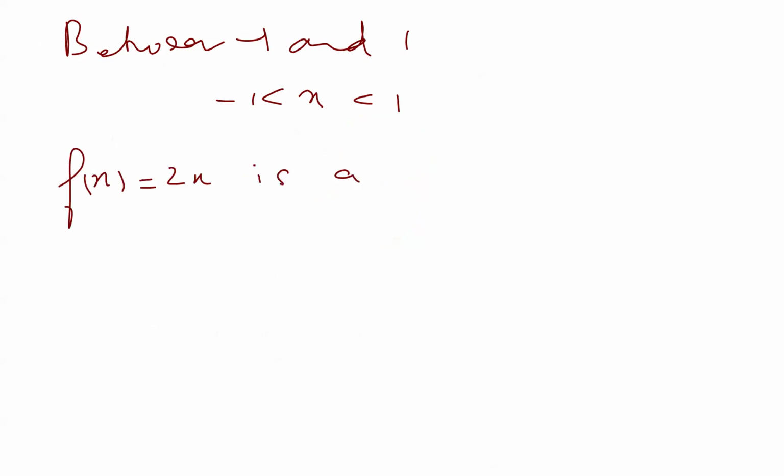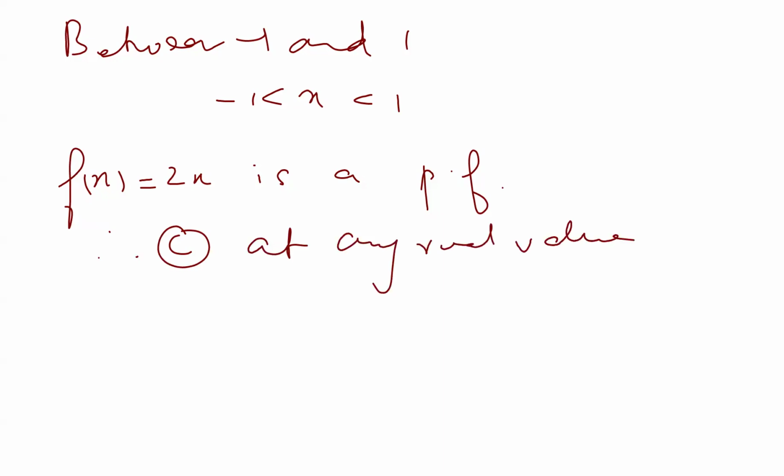Again, it's an algebraic function, a polynomial function. Therefore, it is continuous at any real value of x between -1 and 1. So this is how your solution should be.